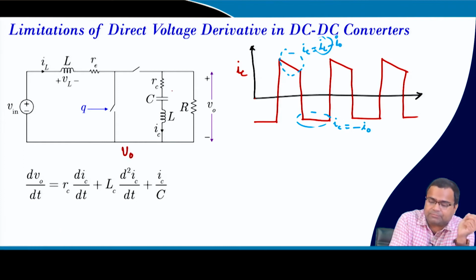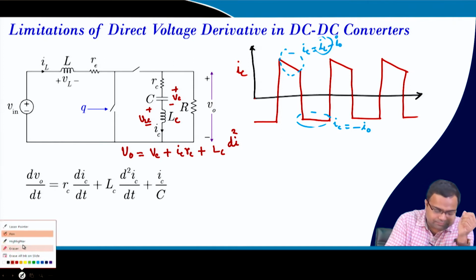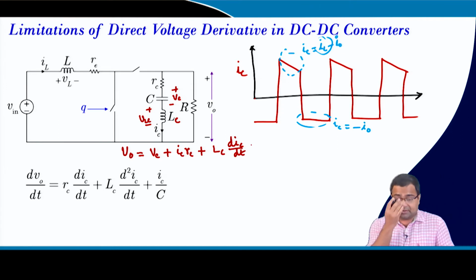If we take this to be Vc and this to be VLC, then V0 is equal to Vc plus IC into RC plus LC into d IC/dt.